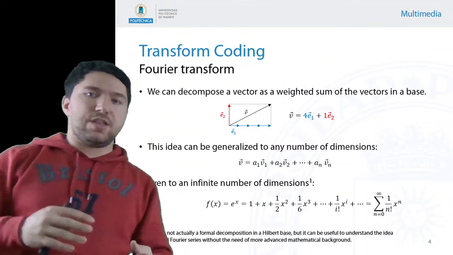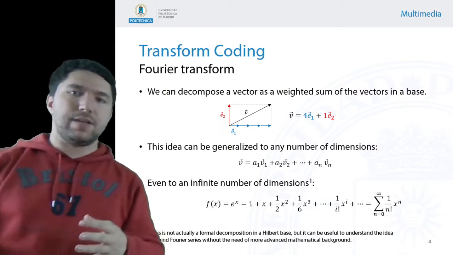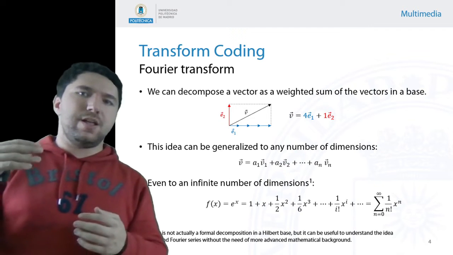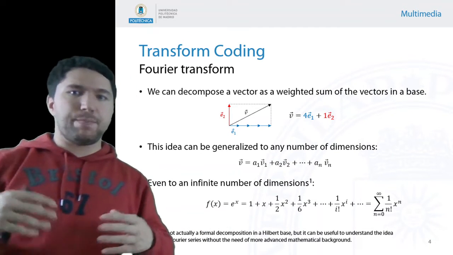And instead of having vectors, well, they will also be vectors, but instead of having vectors in the real numbers, we will have vectors, for instance, in the polynomials.